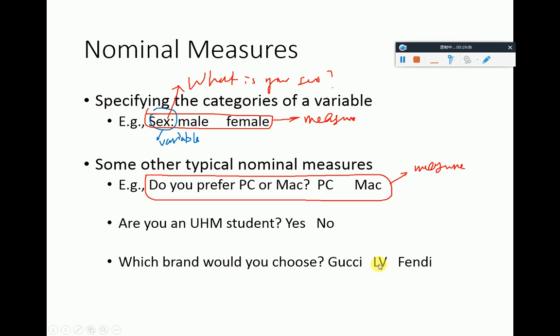So in this case, again, people can choose one of those and categorize themselves into one of these discrete groupings. So again, the whole thing will be a nominal measure.